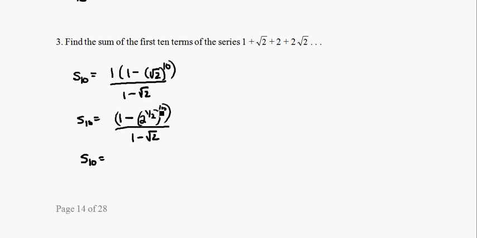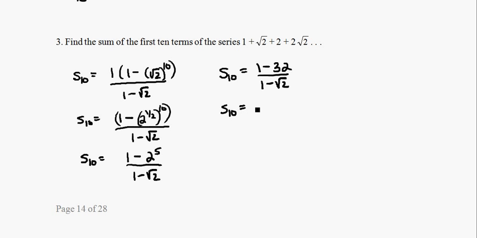So power to a power, you multiply those two, so that would be 1 minus 2 to the 5th over 1 minus radical 2. So the sum of the first 10 terms will be 1 minus 2 to the 5th power, which is 32, over 1 minus the square root of 2, so that is equal to negative 31 over 1 minus radical 2.